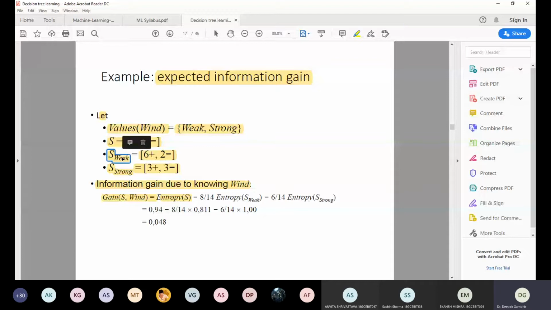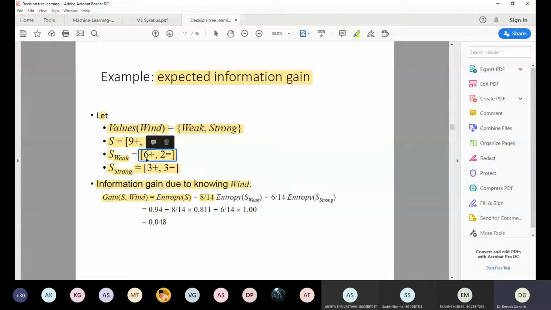Now if you take the first set, there are 6 plus 2, that is 8, and the total is 9 plus 5, that is 14. So out of 14, 8 cases are considered in the weak set, times the entropy of the weak set, minus, as per this formula, we take all the values.